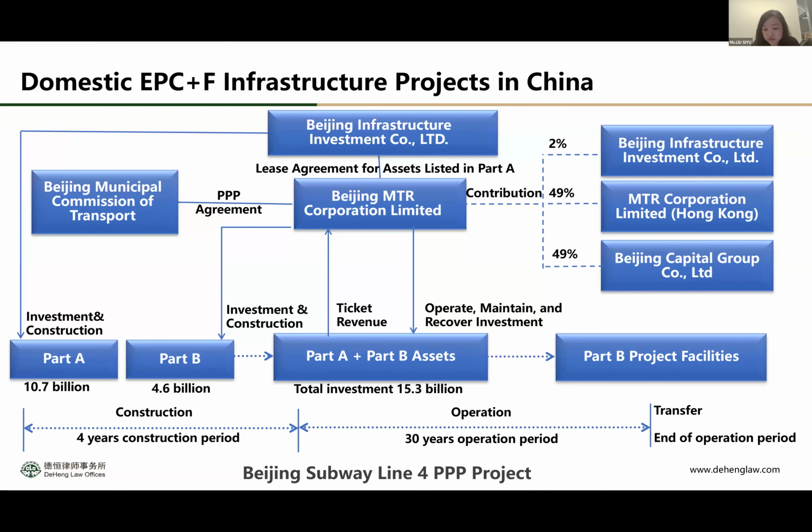I think it's very obvious that in a metro project, it is impossible to recover your investment from charging ticket fees.